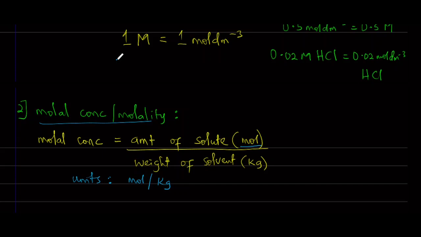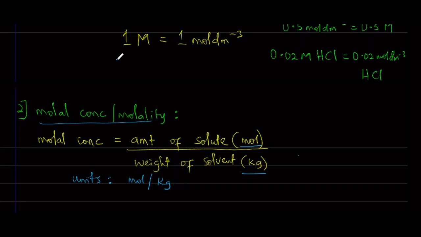They are similar in terms of pronunciation, and they involve volume and weight of solvent and solution. Most times they will not give us the weight of solvent in kilogram, simply because 1 kilogram is a large value. They will express the weight in grams.